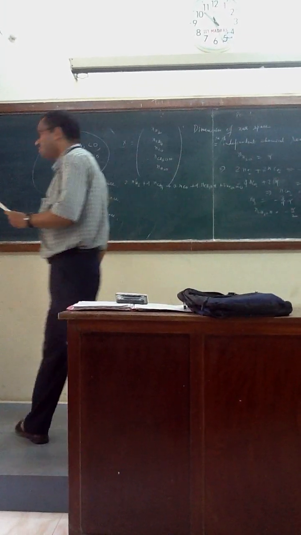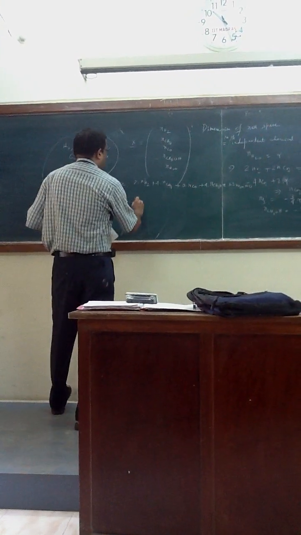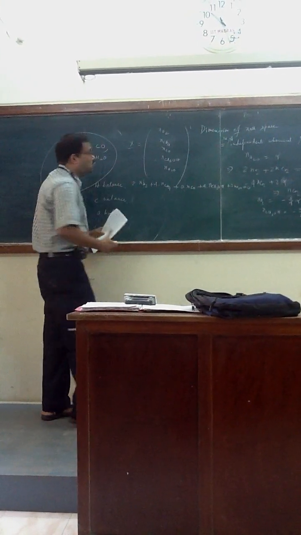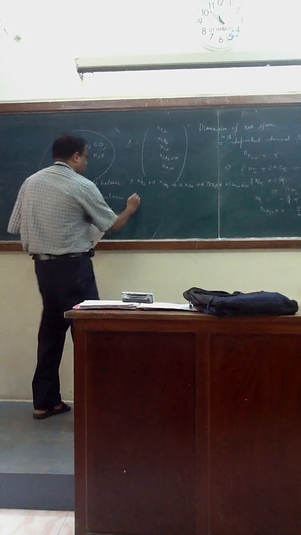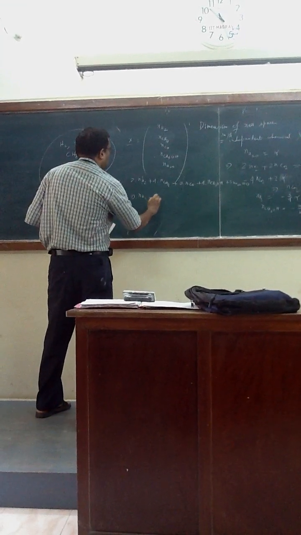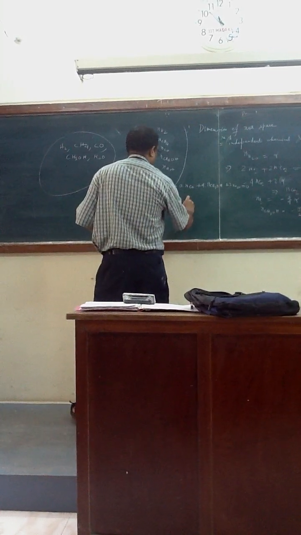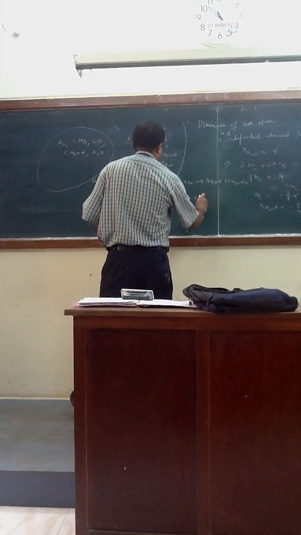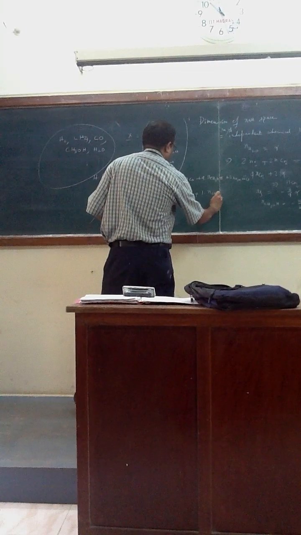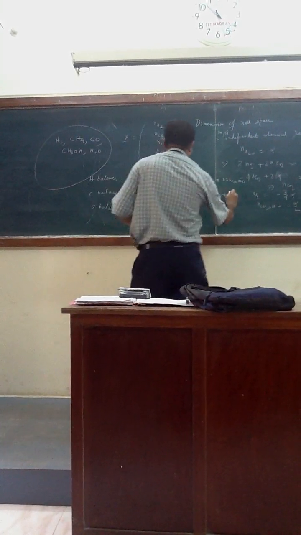Go ahead. 0 into NH2. 1 into NCH4. 1 into NCO. 1 into NCH3OH. 0 into NH2O equals to 0.